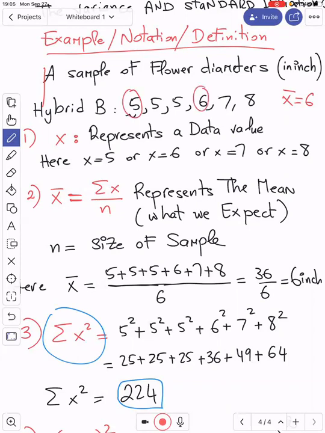Well, 6 is just equal to the mean. 7 is also very close to the mean, which is 6. Then the same for 8. So when the standard deviation is small, your data values are very close to the mean. They're not dispersed.